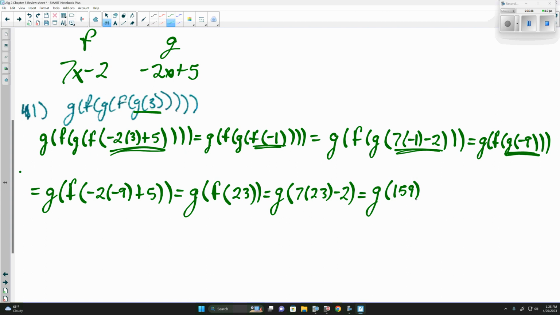And last but not least, negative 2 times 159 plus 5, I believe should be negative 313. And that's it. So it's exactly like 39 and 40, except we do it several more times over.